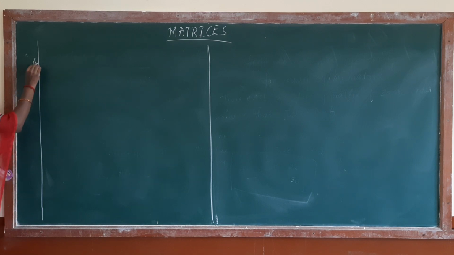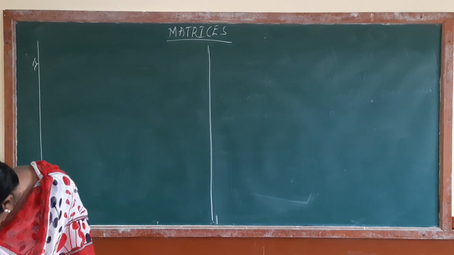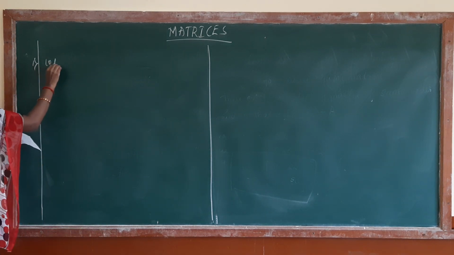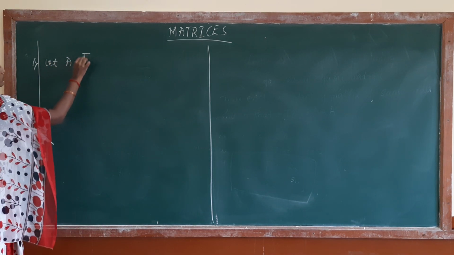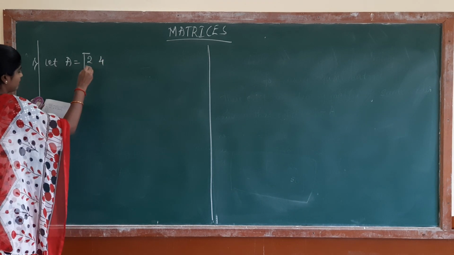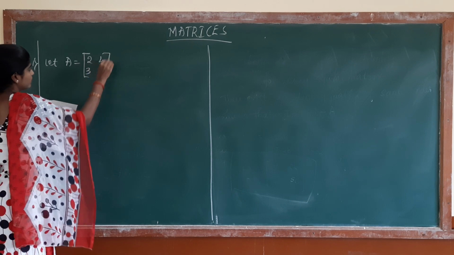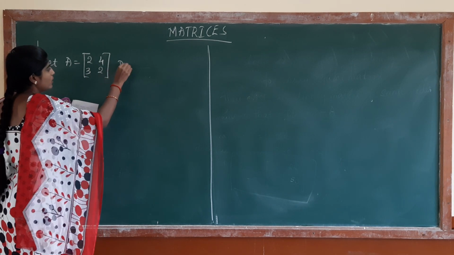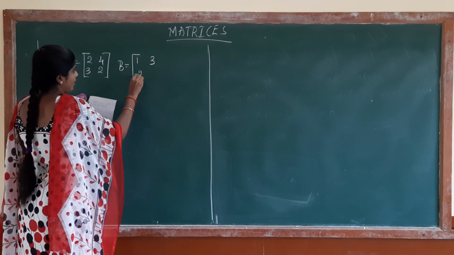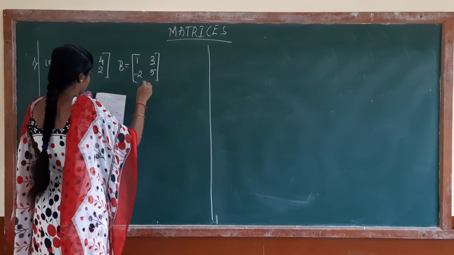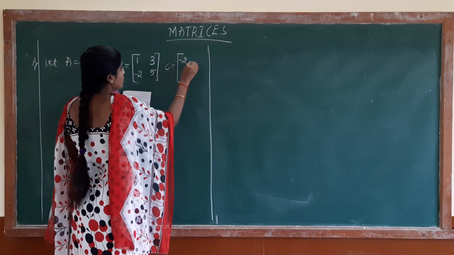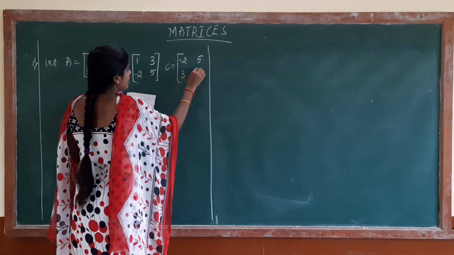Consider the first problem. Let A equal to [2, 4; 3, 2], B equal to [1, 3; minus 2, 5], C equal to [minus 2, 5; 3, 4].